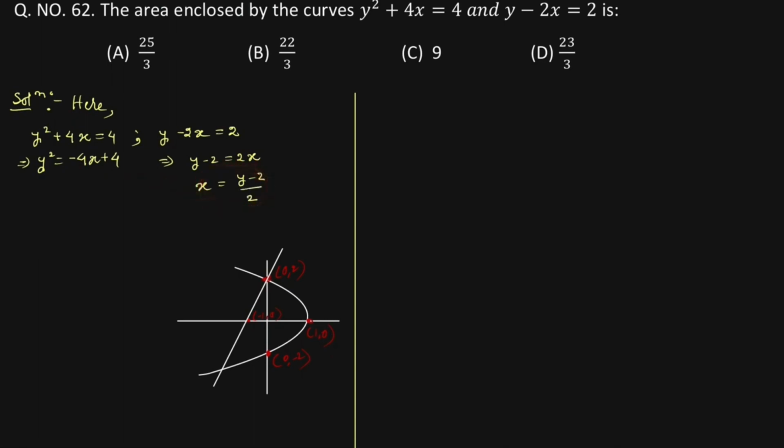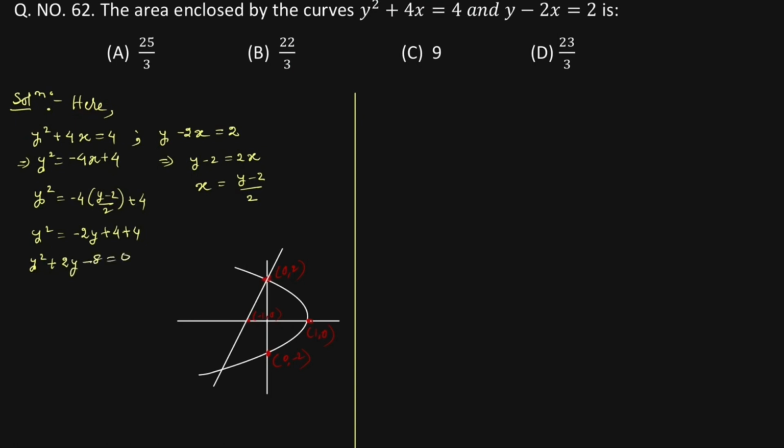Now this value we put here, then we will get y square equal to minus 4 times (y minus 2)/2 plus 4. This implies y square equal to minus 2y plus 4 plus 4, which gives y square plus 2y minus 8 equal to 0.